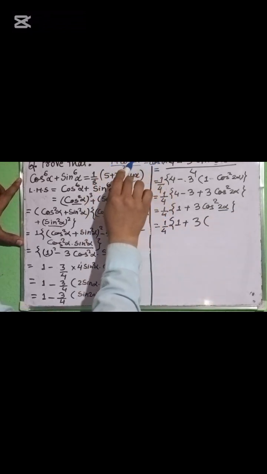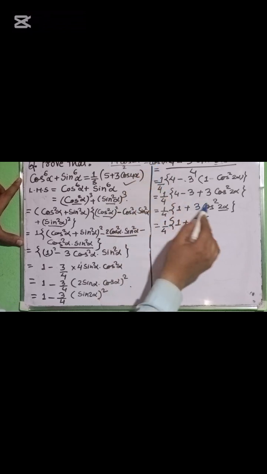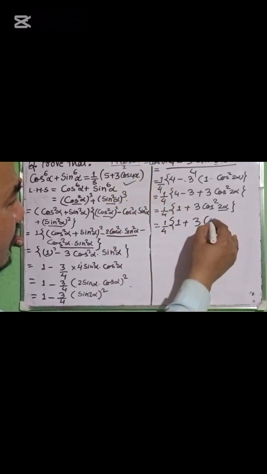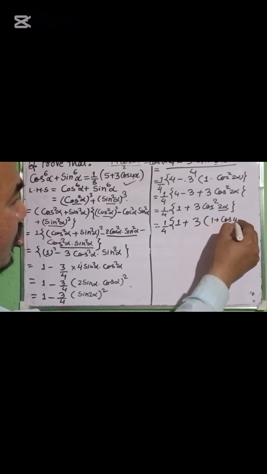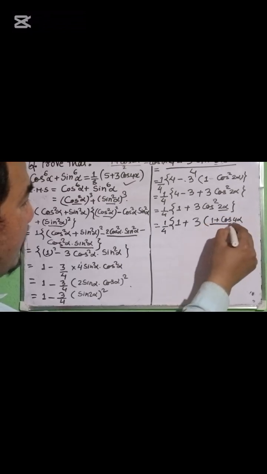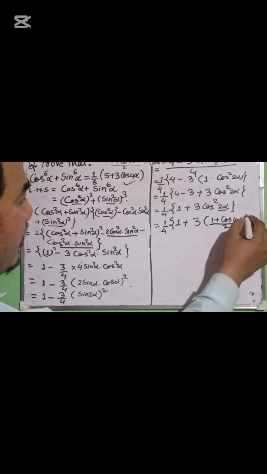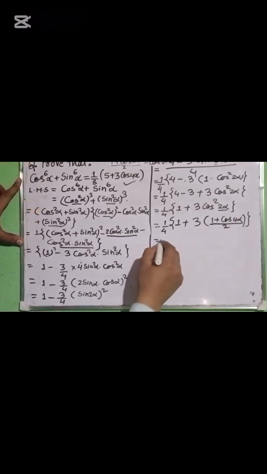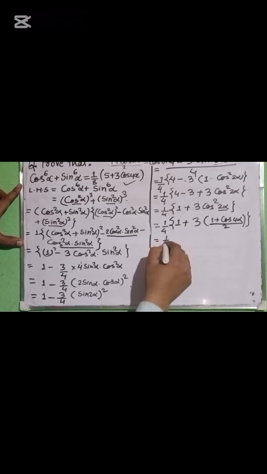Here is alpha only, but here is 2 alpha, so here it's double. That's why right here 1 plus cos 4 alpha by 2 will be here. Okay, and curly bracket close, and then now take the LCM here also.